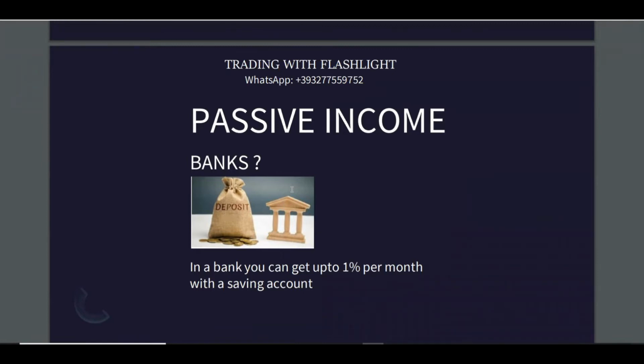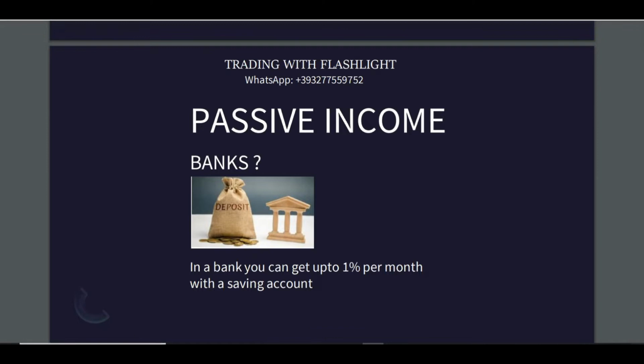So if you make simple calculations, if somebody has $1,000 and the person decides to put it in a bank, after 1 year, it's going to earn something like 12%. And 12% is not far from $120. So in 1 year, you are making $120 from 1,000.